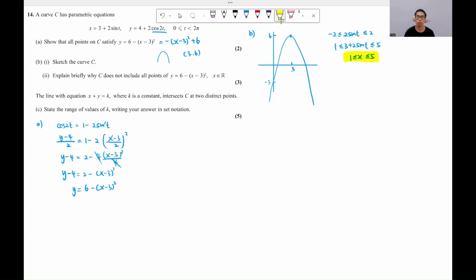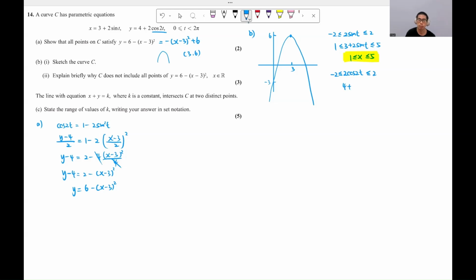And then for the possible y values, because t is between 0 and 2 pi, that would be one full period for sin and cos. So cos 2t should also be between negative 1 and 1, so 2 cos 2t is between negative 2 and 2.